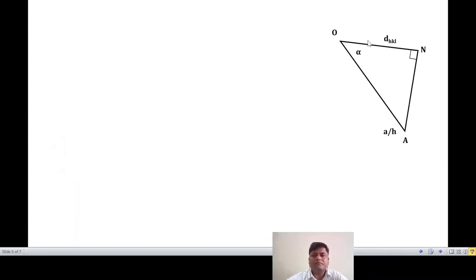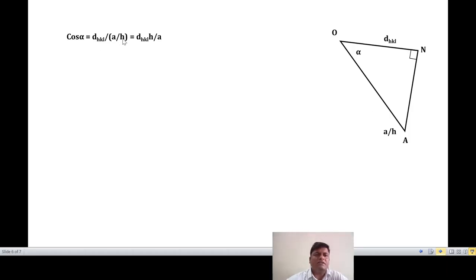So in the right angle triangle ONA, we can find out the relation of this alpha with the interplanar spacing and this x intercept, which is nothing but a upon h. So cos alpha will be d_hkl upon OA, which is nothing but a upon h.